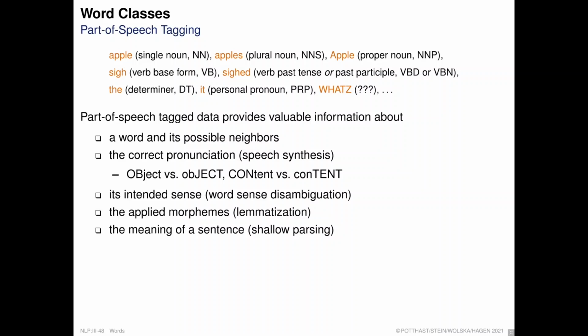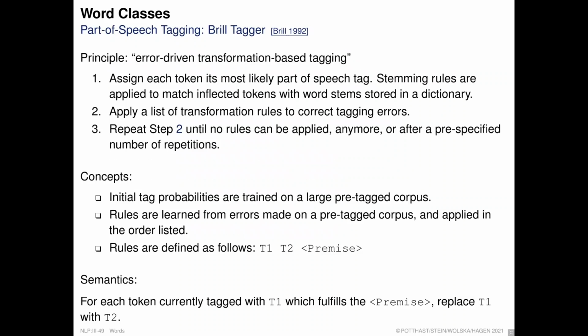For instance, semantic information or shallow parsing also. But for the most part, part of speech tagging is considered part of pre-processing, and mainly contextual information on the adjacent words of a given word is used to assign parts of speech. An early approach to part of speech tagging, one of the first, I guess, was introduced by Brill in the early 90s.